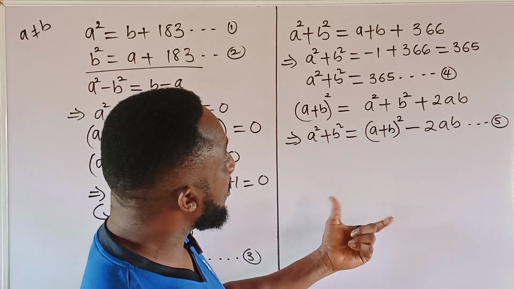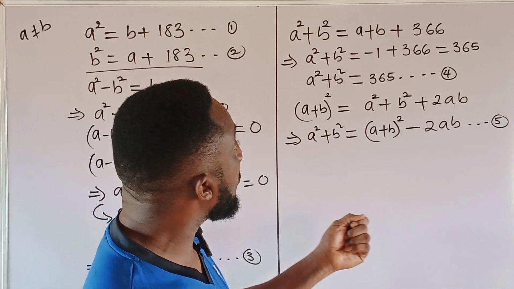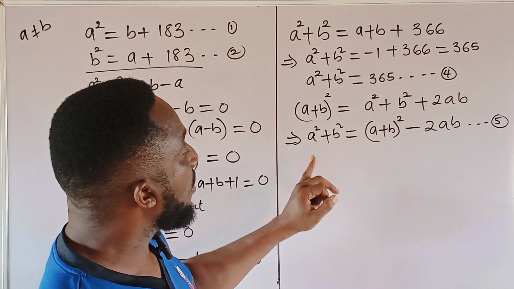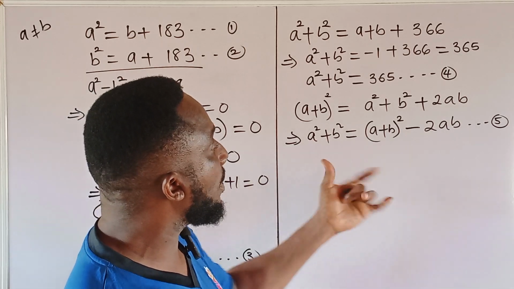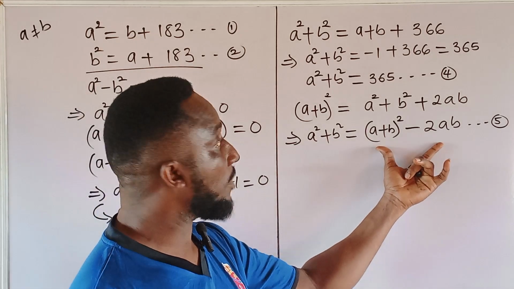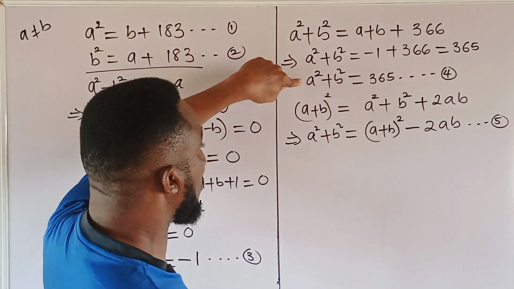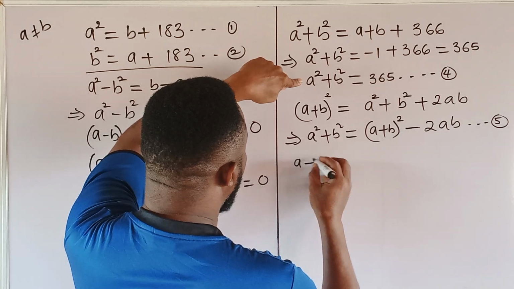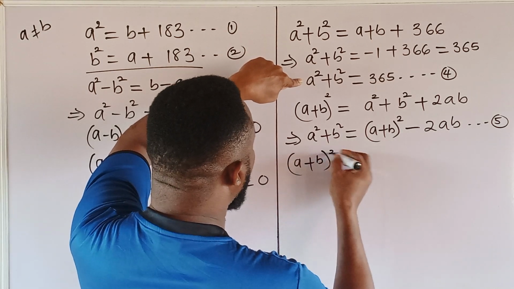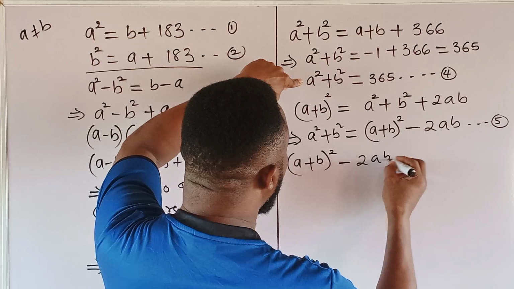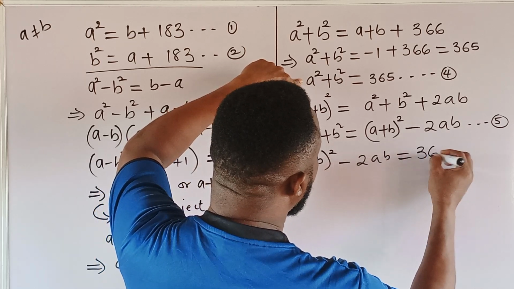Now I will substitute equation 5 into equation 4. So equation 5 is A squared plus B squared equal to (A plus B) whole squared minus 2AB. And in equation 4 on the left side we have A squared plus B squared. Then I will now write (A plus B) whole squared minus 2AB equal to 365.